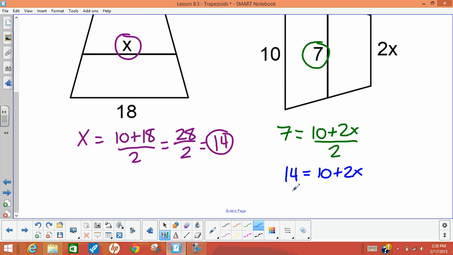I'll subtract 10 from both sides and divide both sides by 2 to get x to equal 2. So if you know the relationship, just plug the values in where they belong, and we can use that to solve for a length.